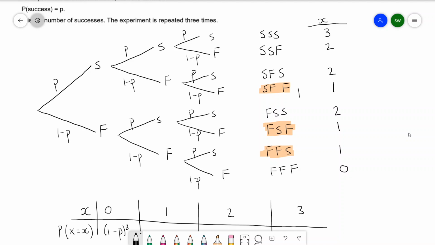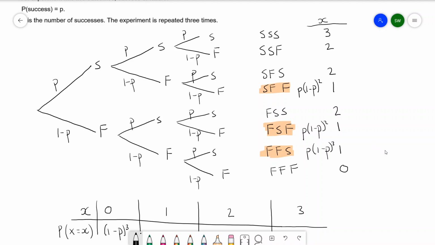So I'm going to have P times 1 minus P times 1 minus P, but I'm going to write that as P times 1 minus P squared, because I'm going to go down this branch times this branch times this branch's probability. And this one, you could write that as exactly the same because the order of multiplication doesn't matter.